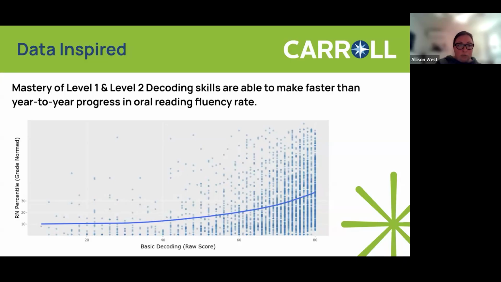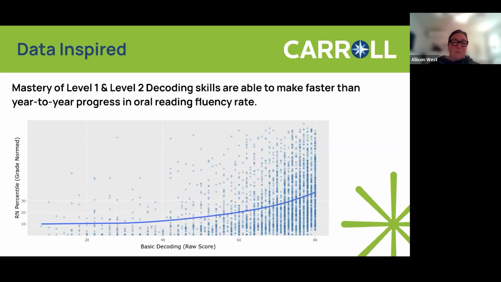And so the blue line that's sort of trending up here and that constellation of dots on the right, those are the students who have mastered levels 1 and 2, and their fluency rate, all of a sudden we see this really impressive spike.